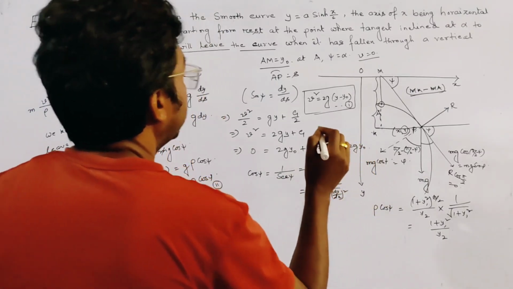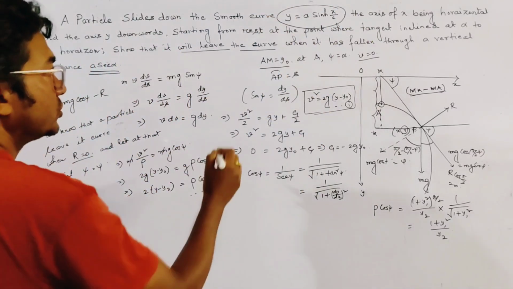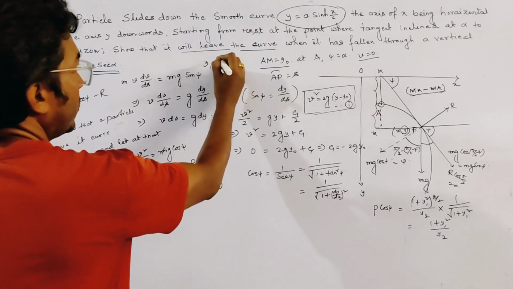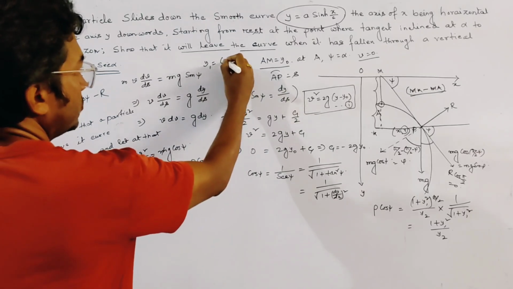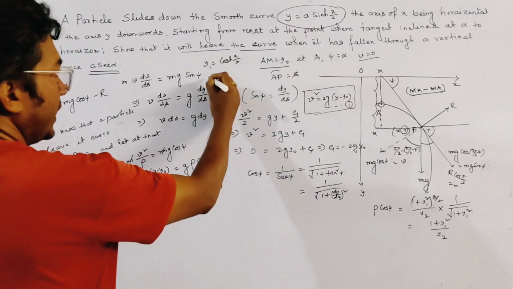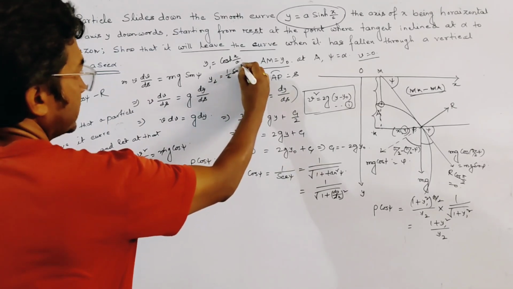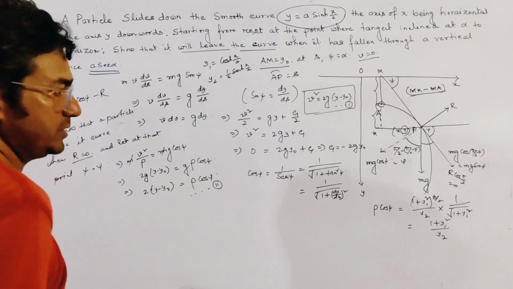Now from the given curve, y equals a cosh(x/a), so we get y1 equal to sinh(x/a), and y2 equal to 1 by a cosh(x/a).